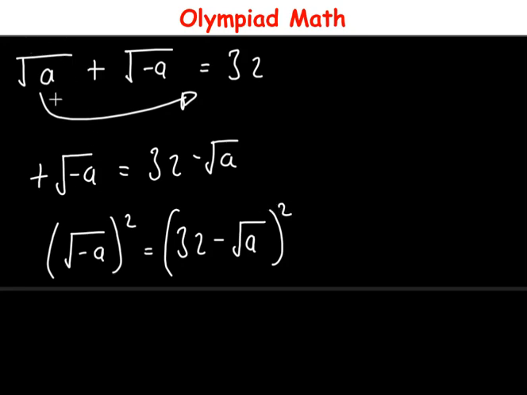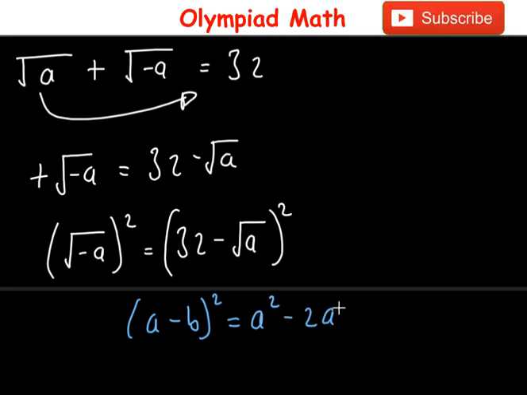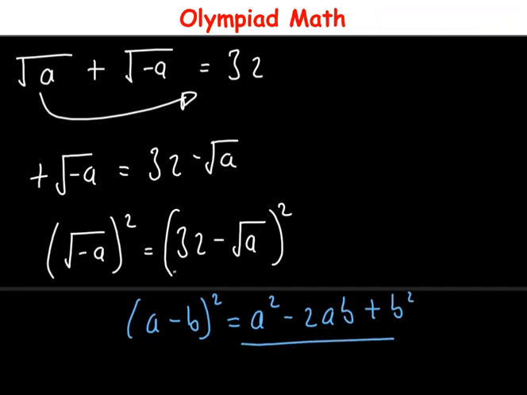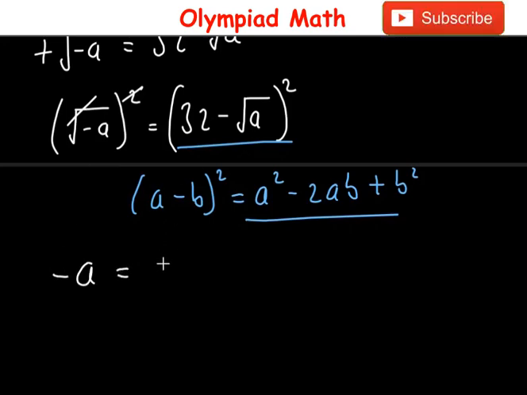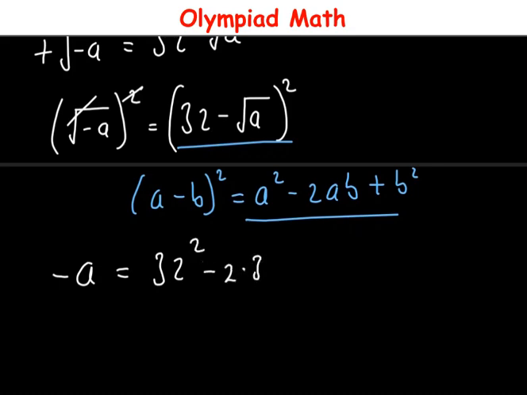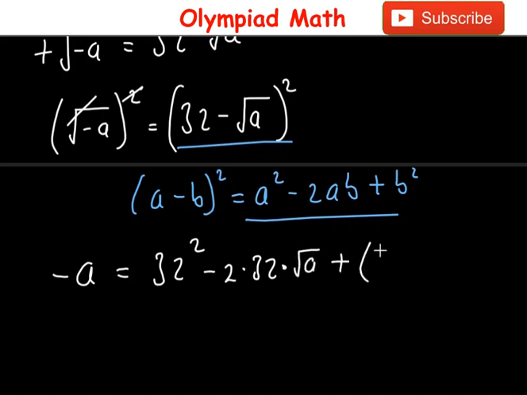And following this identity, that if you have a minus b all raised to power 2, this equals a raised to power 2 minus 2ab plus b squared. Applying this right here, first, square cancels square root, we have minus a equals, so this becomes 32 squared, then minus 2 times 32, then times root a plus in brackets root a all squared.